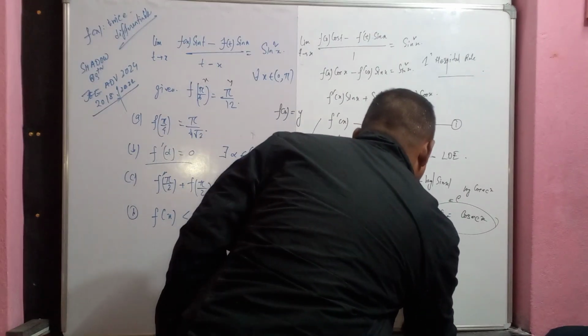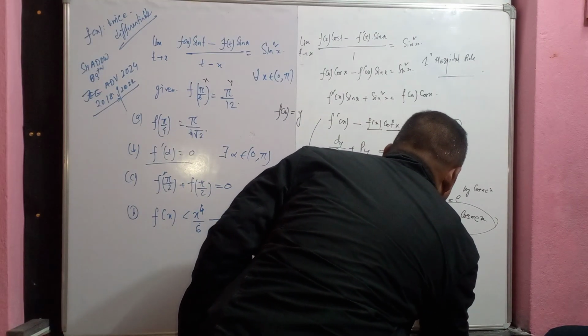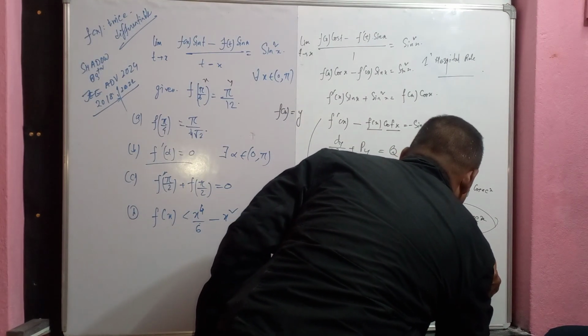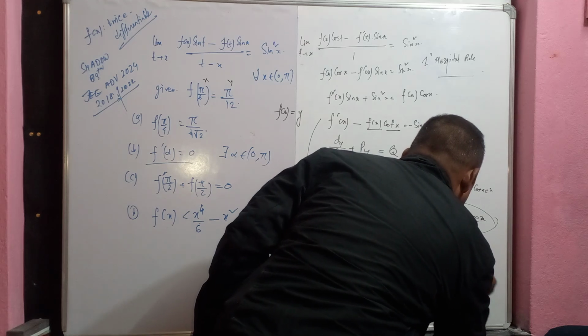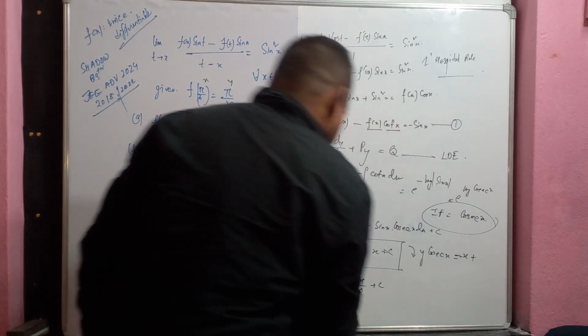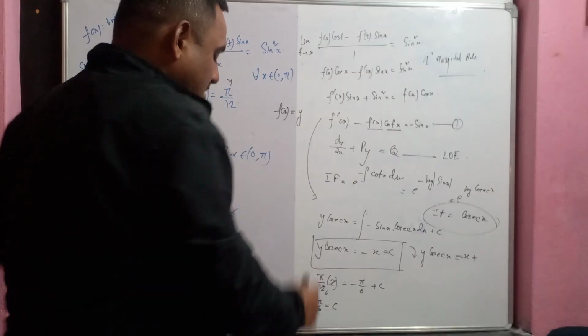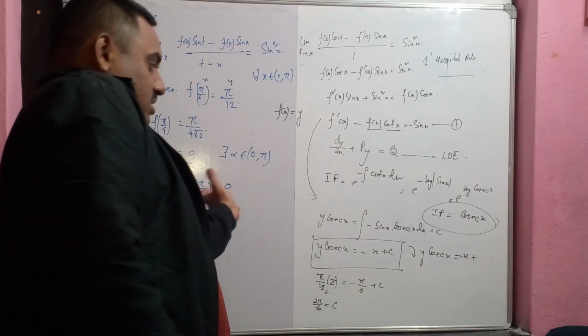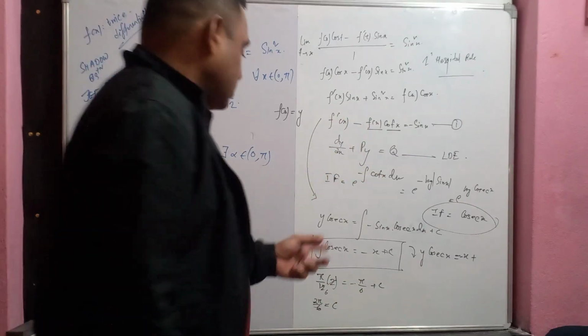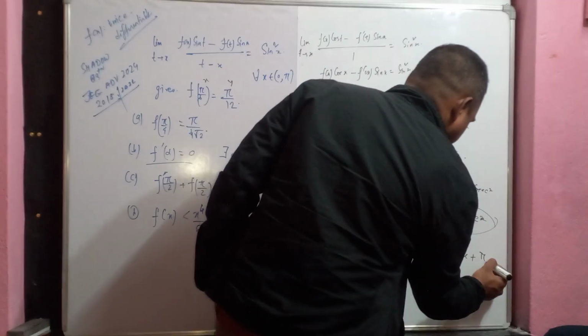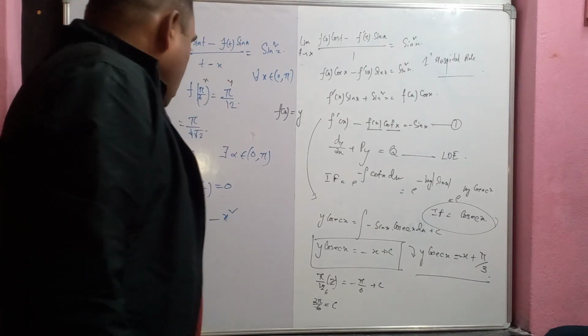So your exact curve is y cosec x equals minus x plus π/3. This one is your curve. Now substitute.